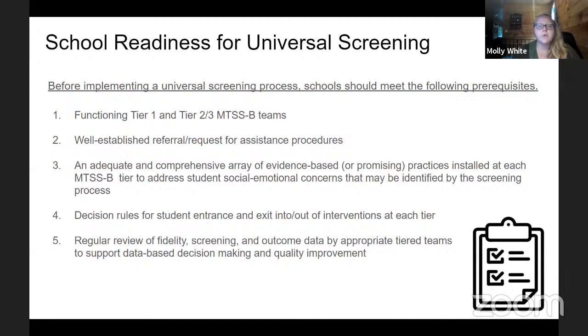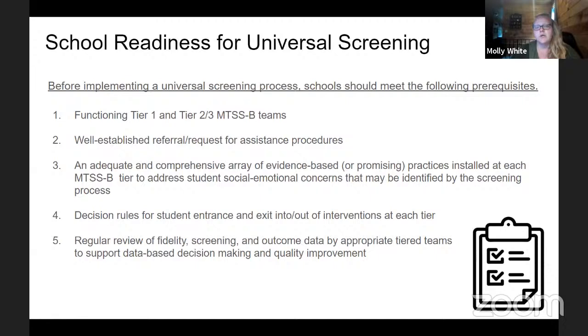You would want to ensure that both your tier one and your advanced tier or your tier 2-3 team are functioning at full capacity, meaning that you already have well-established referral or request for assistance procedures, which you'll see in next week's video, and an adequate and comprehensive array of evidence-based interventions already installed and in place within your tier 1 and your tier 2-3 systems, so that as you're screening students, you have the supports already available for them. And you would also want decision rules.